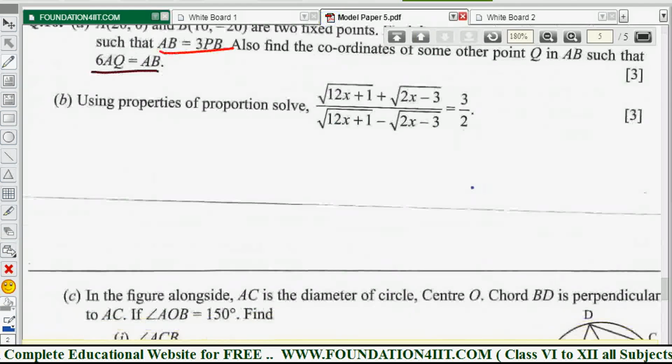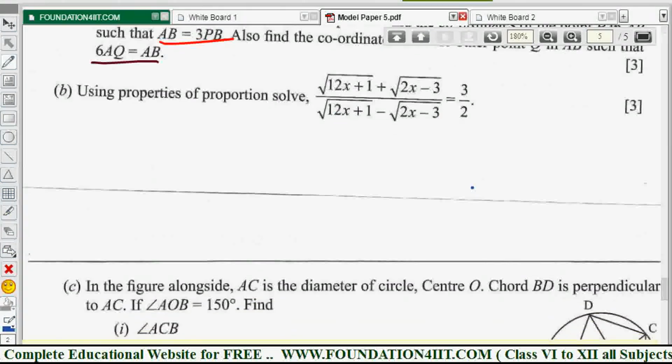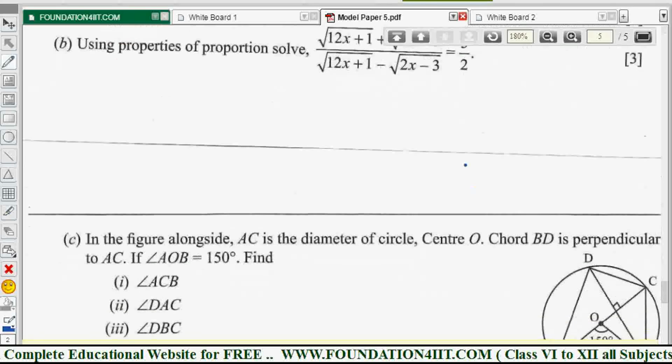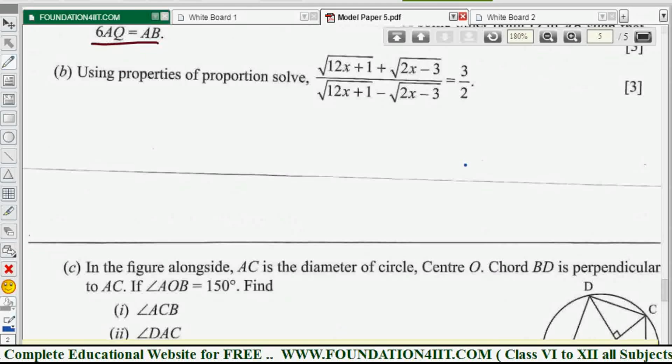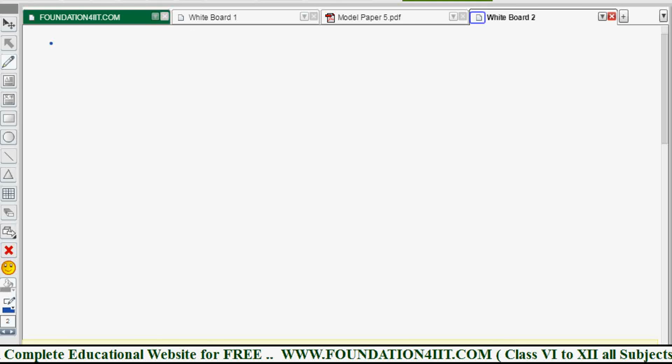Now let us see the next one. Using the properties of proportion, we need to solve this. You should take LHS and find out the RHS. So you need to apply componendo and dividendo rule for cancellations. So let me solve this.